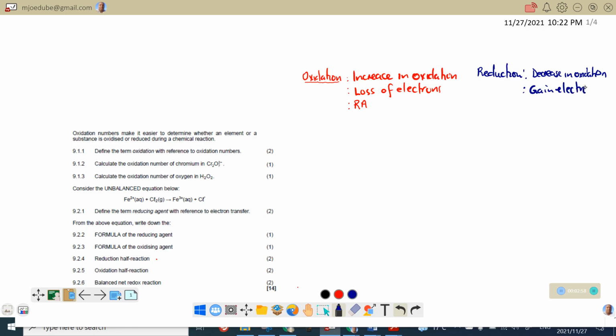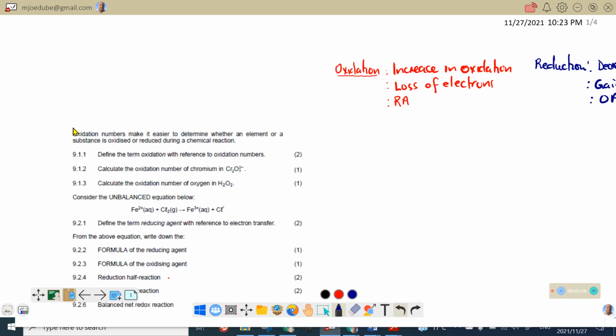The species that gains electrons and becomes reduced would have caused the oxidation of the other. So this is referred to as the oxidizing agent. Your oxidizing agent undergoes reduction, because when it causes the other to be oxidized, it suffers the opposite process of becoming reduced. All right, so now we can look at these questions and start answering them.